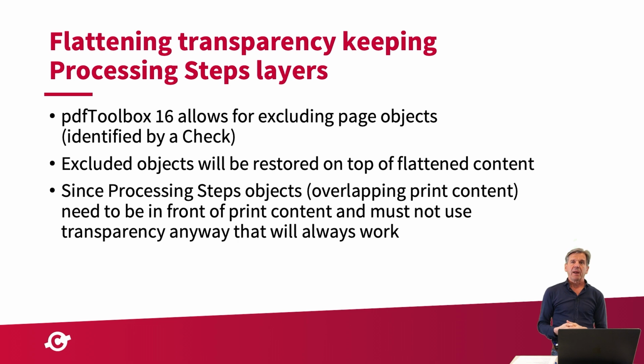When objects are excluded, they are put aside, and after the transparency flattening process, are put back onto the page. So they will overlap the content that was there before and that was transparency flattened.